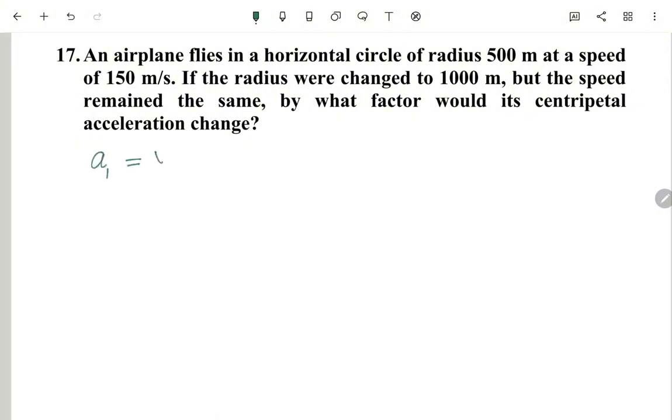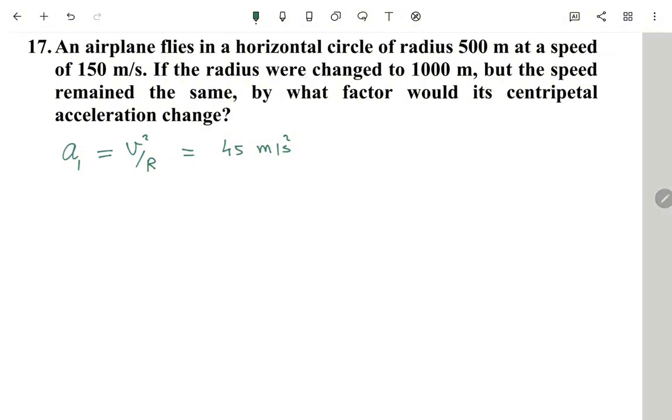a1 is equal to v square over r, and it's equal to 45 meters per second square. We just calculated this one in the previous example. a2 equals v square over r, or 150 square, remember the speed remains the same, divided by the radius, which is doubled, it's 1000, and in this case a2 equals 22.5 meters per second square.